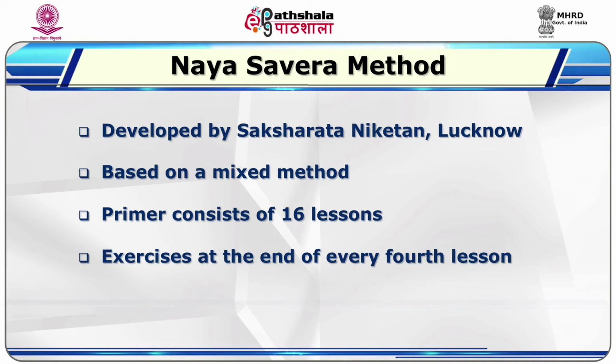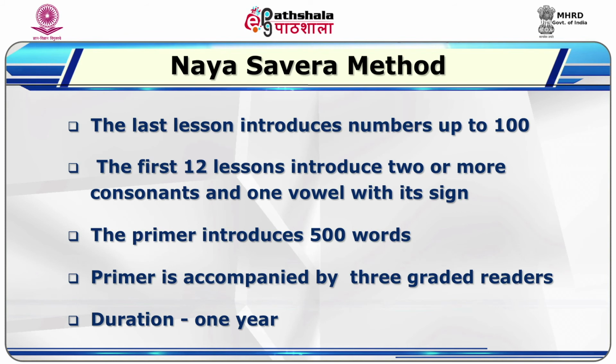It includes a primer which aims to provide basic knowledge of reading and writing, and a teacher's guide. The primer consists of 16 lessons, of course with exercises at the end of every fourth lesson. The last lesson is concerned with numbers in Hindi and English up to 100.